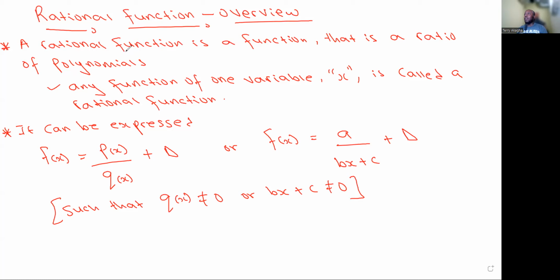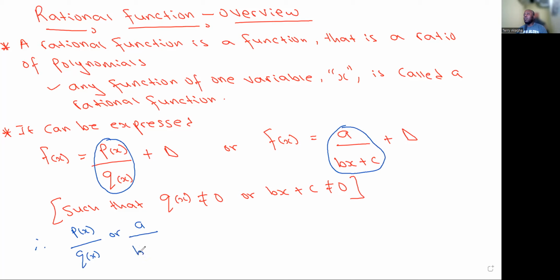The rational function here is p of x divided by q of x, or you can say a over bx plus c. These are the rational functions.